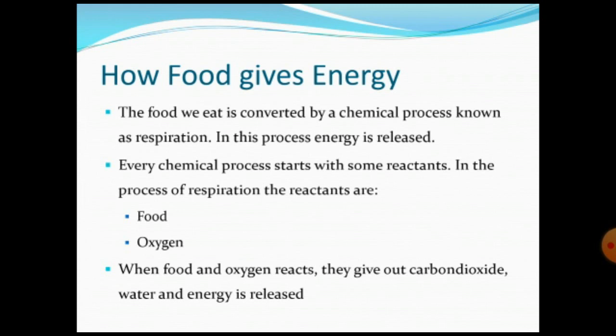Food is obtained by the digestive system in animals, and in plants it is obtained from the process of photosynthesis, while oxygen is present in the atmosphere. Now what happens is the food and oxygen combine together or react with each other to give out carbon dioxide, water, and energy is released.